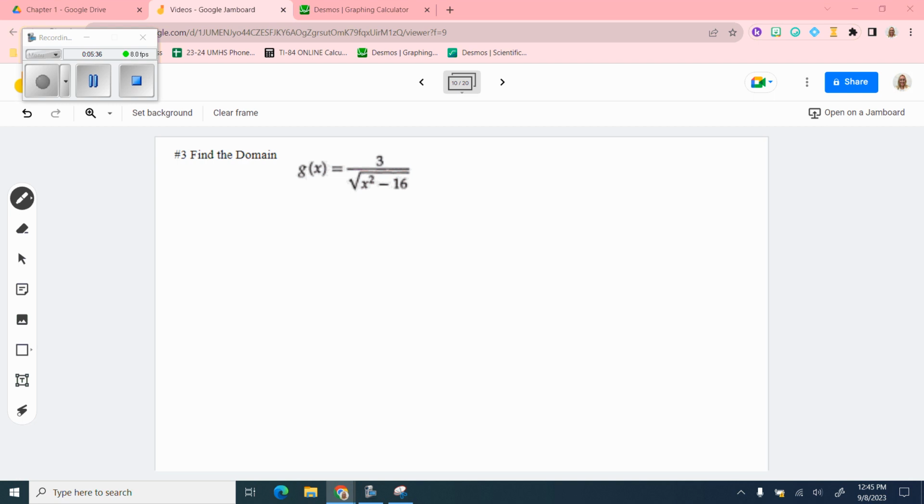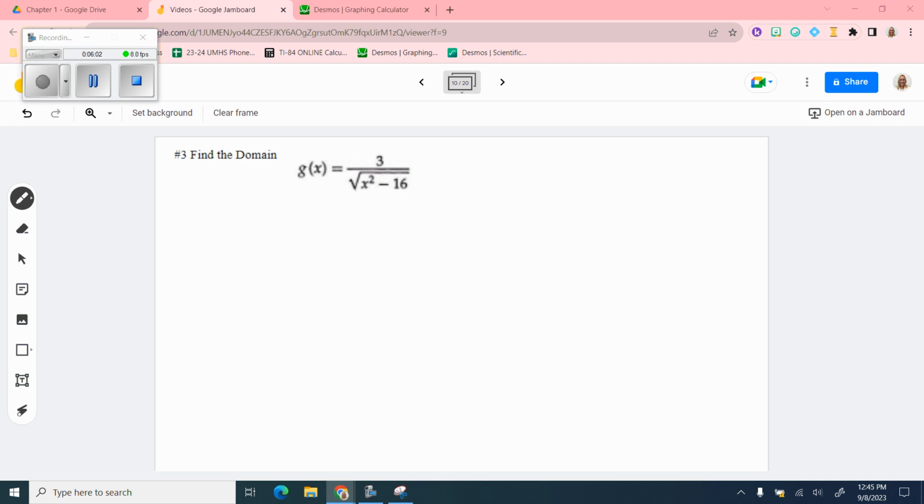All right, find the domain here. So in here, anything from -4 to 4 will make this less than 0 underneath the square root.